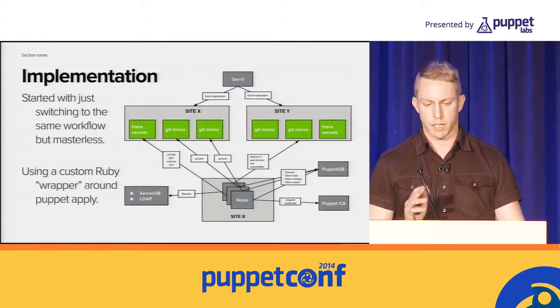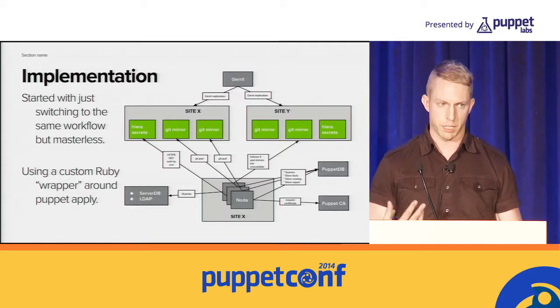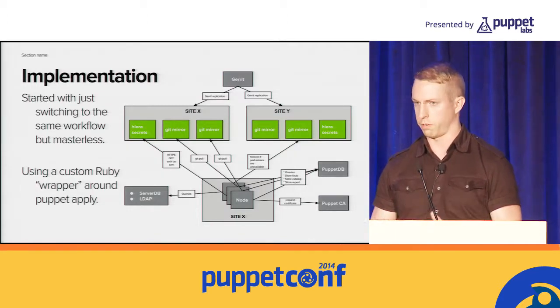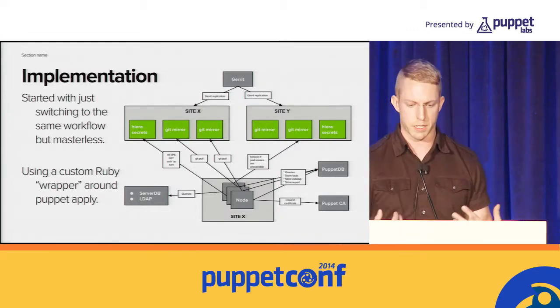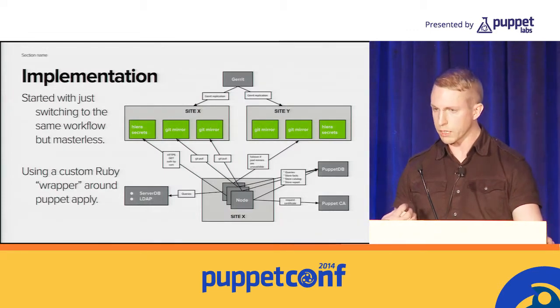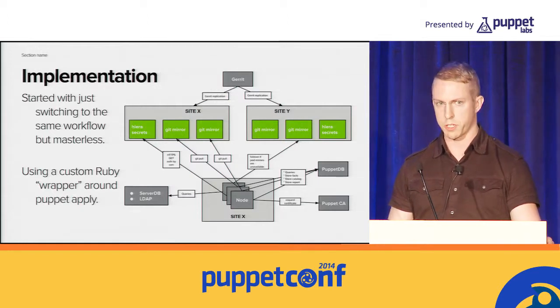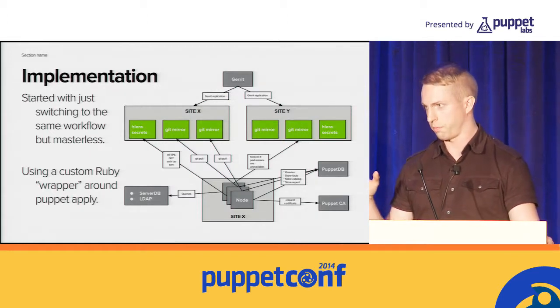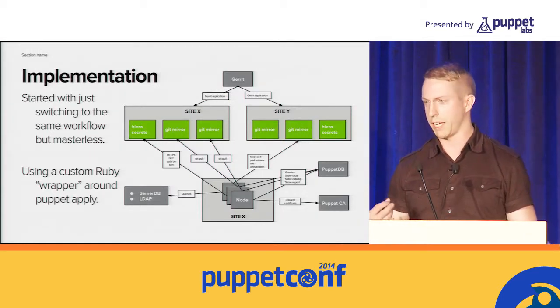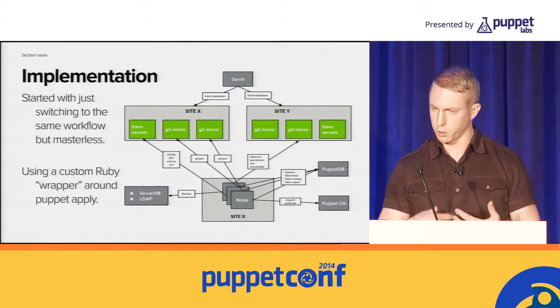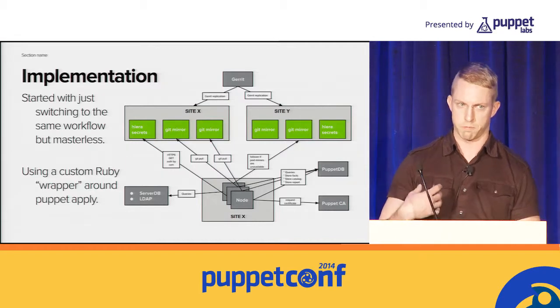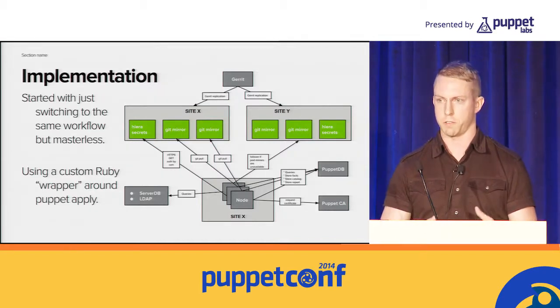But now when we switched to Masterless, we needed access to a lot of Puppet settings and internal Puppet APIs. So we converted it to a Ruby script instead, which is actually a Puppet application that inherits from Puppet Apply, and then overrides some of the methods, so the setup methods and that sort of stuff.